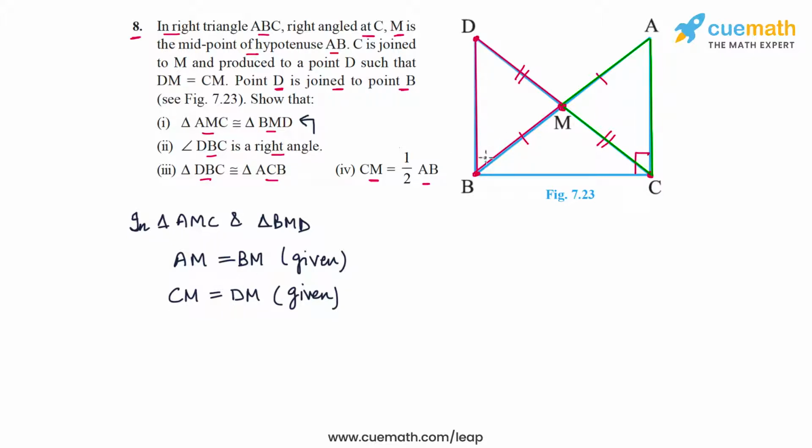And also between these two equal side pairs, we can see that this angle AMC is equal to this angle BMD, because both of these are vertically opposite angles.